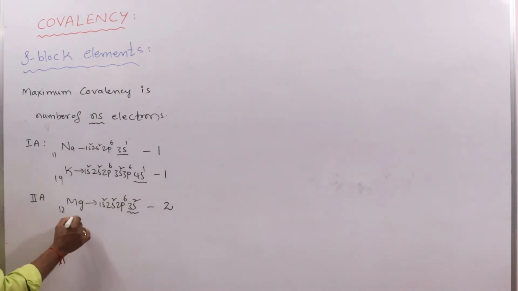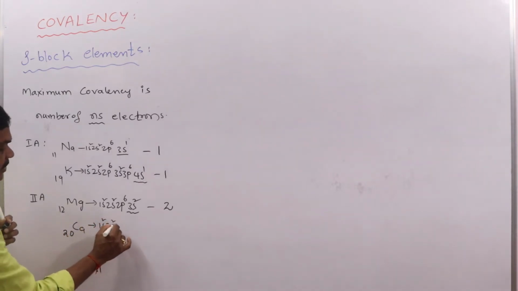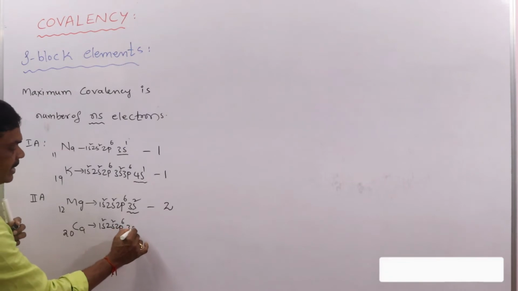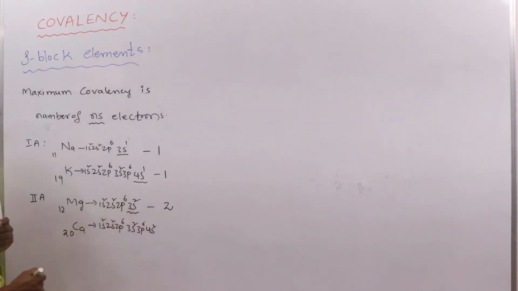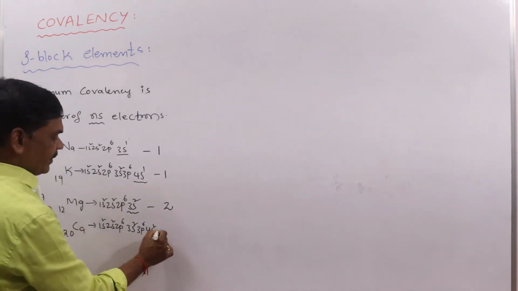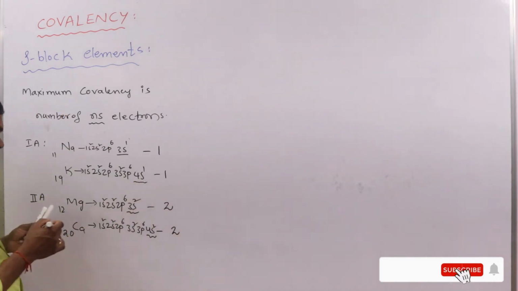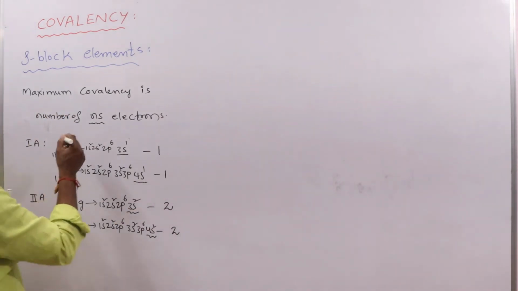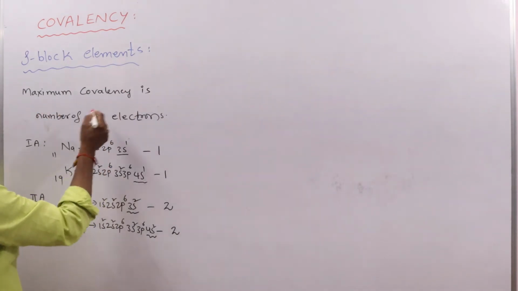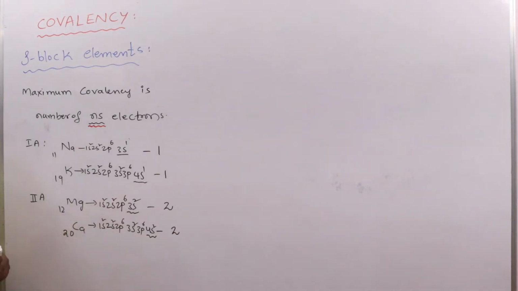Now another example, calcium: atomic number 20, electronic configuration 1s2, 2s2, 2p6, 3s2, 3p6, 4s2. Outermost electronic configuration 4s2. So the covalency is 2. This is for s block elements. So the maximum covalency of s block is the number of ns electrons.